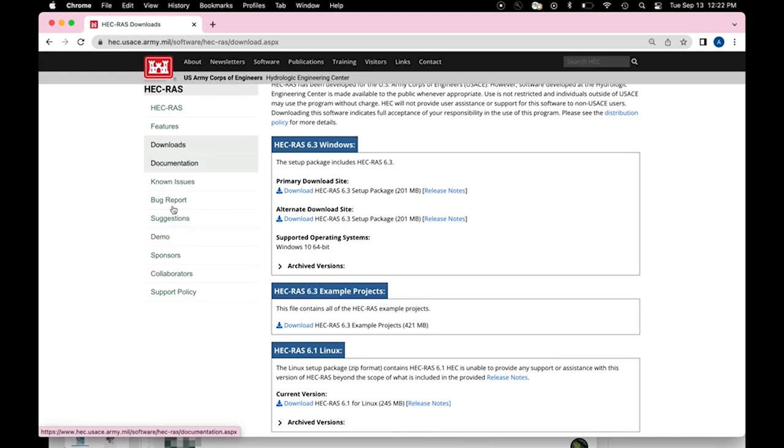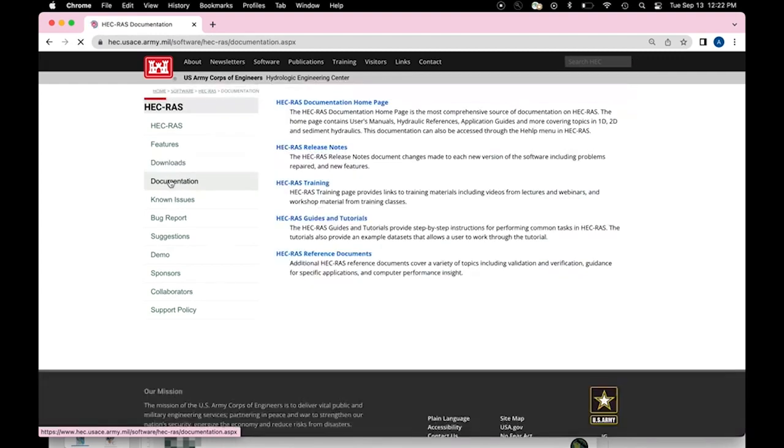There are tutorials and demos available for HECRAS. Right now we are not getting into that, but this is for your information that you can download and go through the documentation. There are known issues, and then there are trainings available for HECRAS, starting from installation all the way to how to run it and analyze data. There are guides and reference documents.